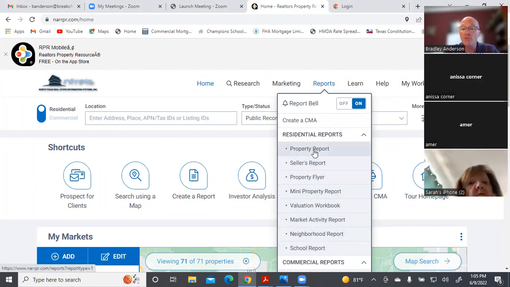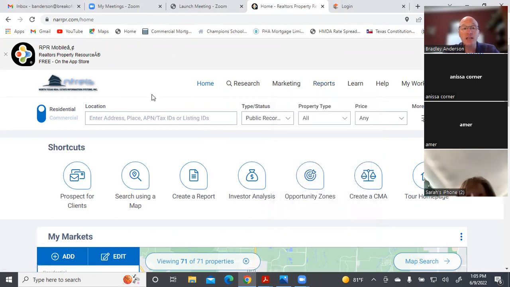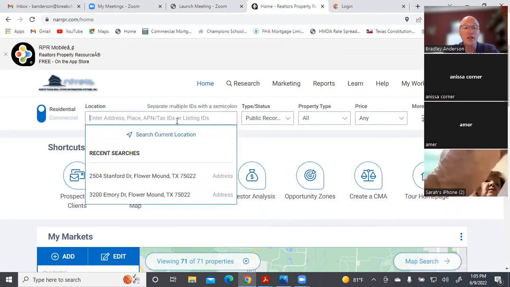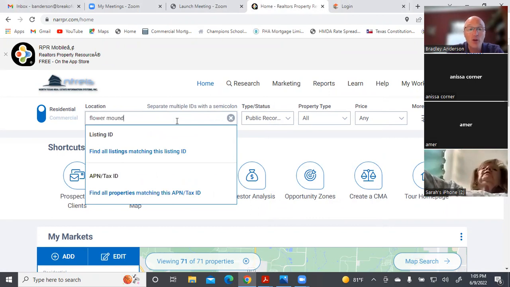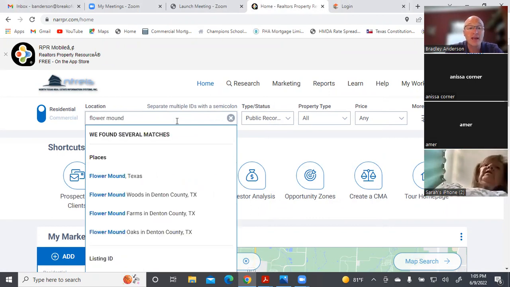I happen to have chosen a market activity report and a neighborhood report. It says enter in an address, tax ID or location. What I did was enter in my hometown, which is Flower Mound, Texas.